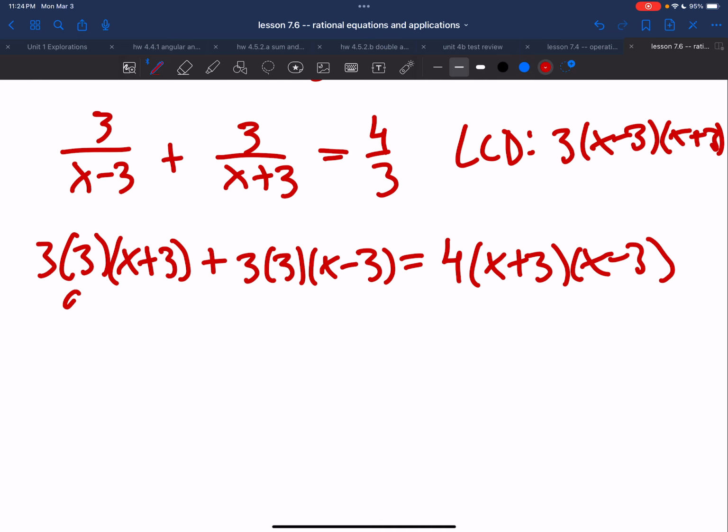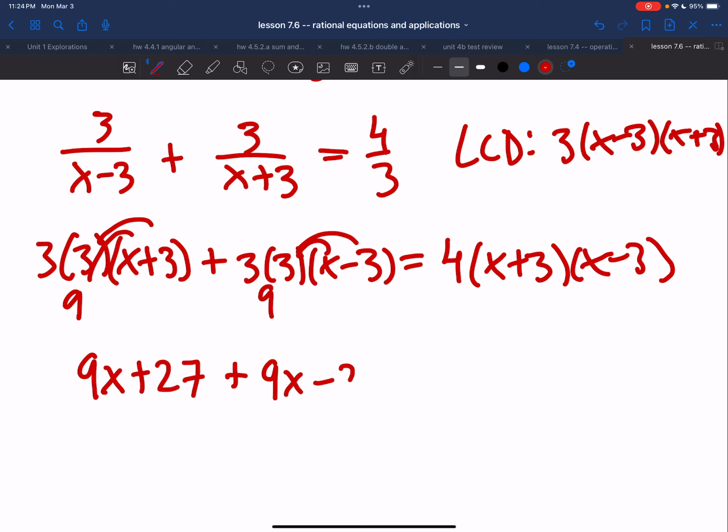3 times 3 is 9. So then distributing that, I get 9x plus 27. This is also 9. Distributing that, I get plus 9x minus 27 equals x plus 3, x minus 3 is x squared minus 9.